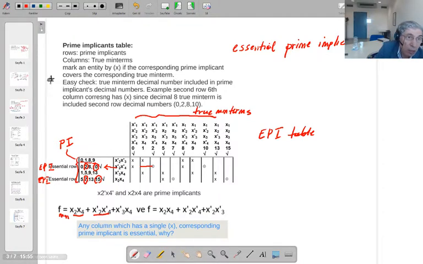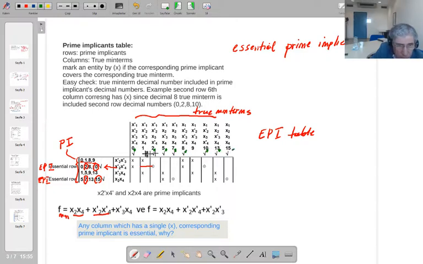Easy. Look at this table here. When we consider these essential prime implicants that we said must be included in the minimal function, these marked true minterms are covered. So this one, this one, this one, this one, this one, this one, this one, and this one.